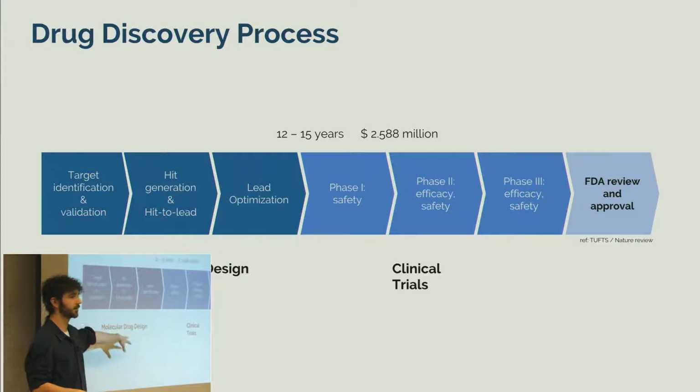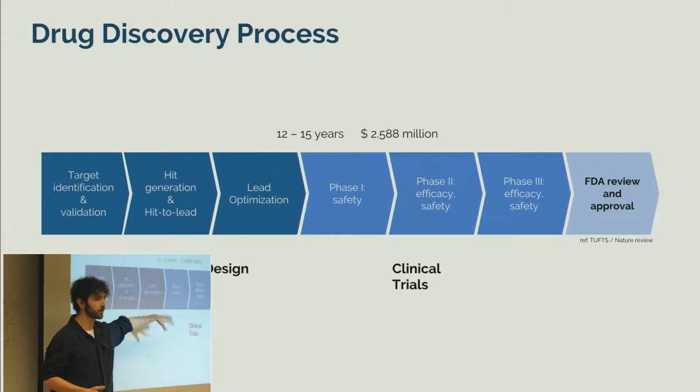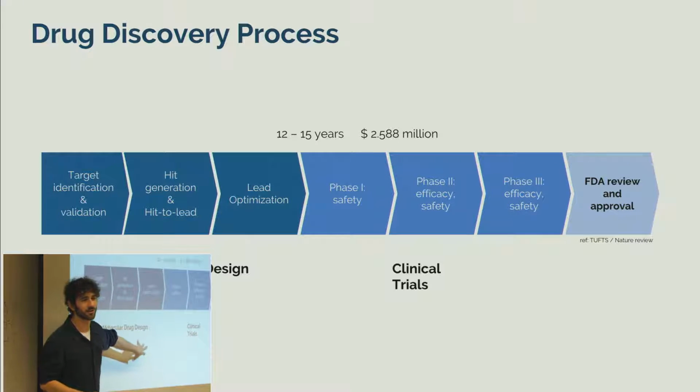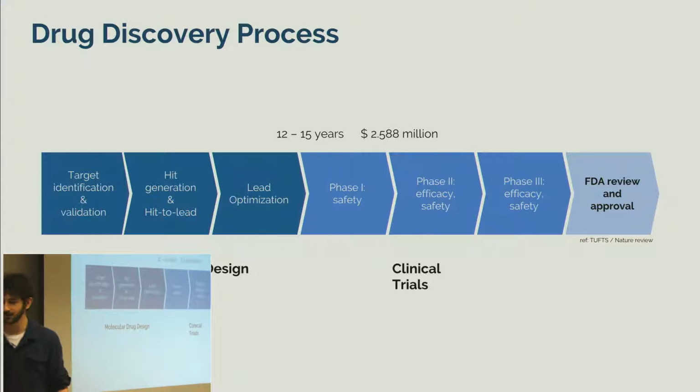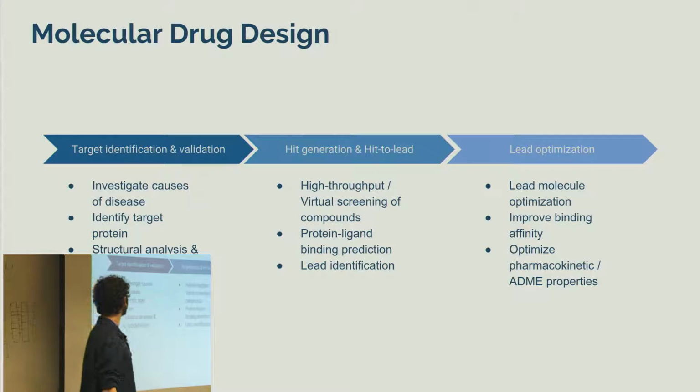We'll talk about this first part, which is the molecular drug design, where most of the computational tools are focused, because we cannot simulate humans. So we're just focused on the first part here. Cannot simulate humans yet. Yeah.